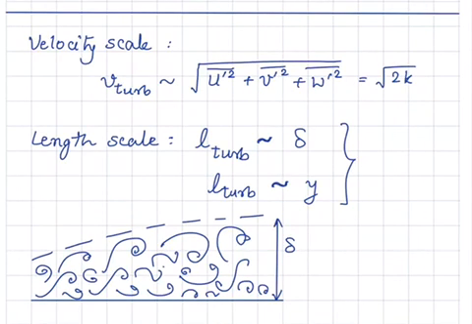These are called algebraic turbulence models, which allow you to compute the eddy viscosity and then put it into the Reynolds stress, and then close the equations of mean flow, the Reynolds averaged RANS equations, and then you can get a solution for a turbulent boundary layer.